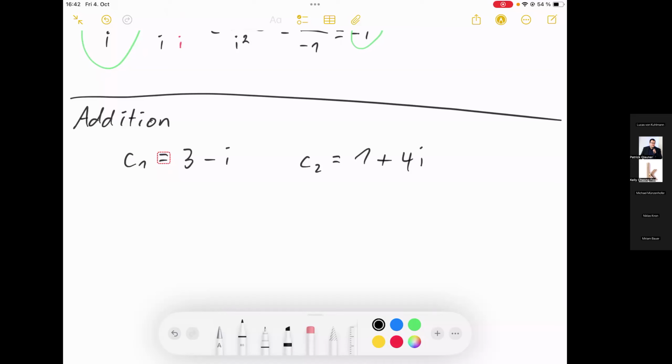And your task is now that we add C1 and C2. And what you're adding is you're adding the two real parts and you're adding the two imaginary parts. So if you have your result for adding C1 and C2, please send this to the chat and we'll compare if you're all on the same page.